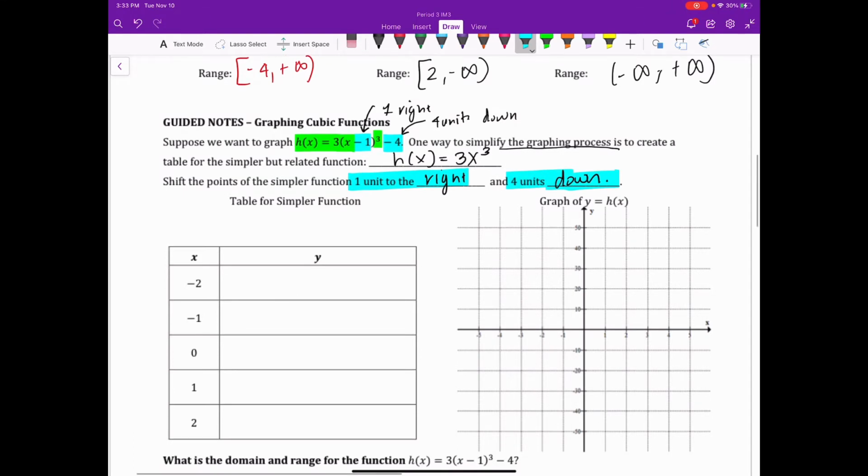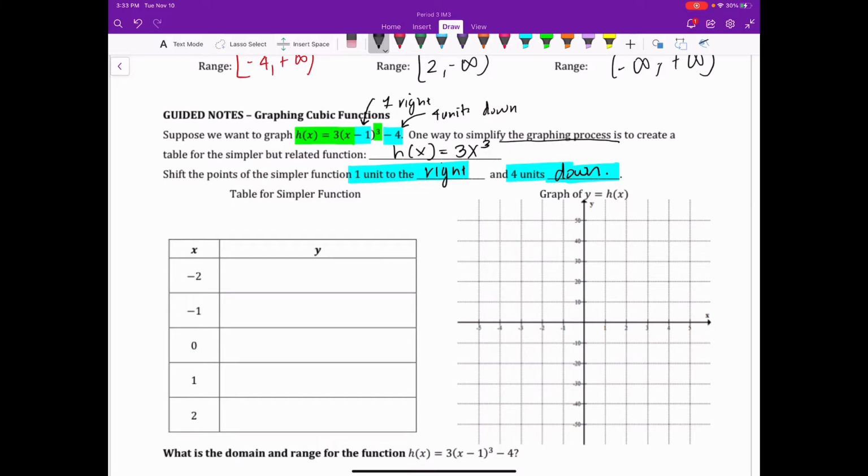Okay, so what I'm going to do is I'm going to create the table for this simpler version here. So I'm going to write y equals 3x to the third power. So if x is -2, then this is 3 times -2 times -2 times -2.